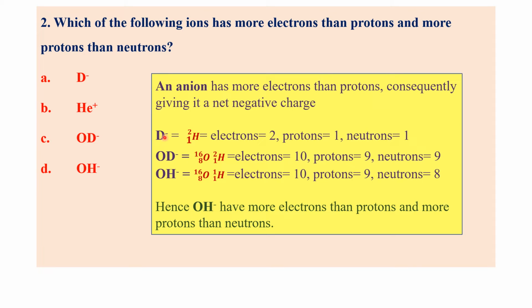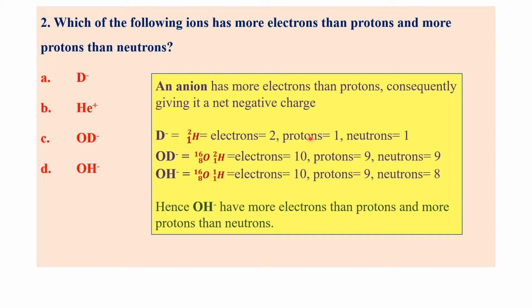Now D-, deuterium is the isotope of hydrogen that has 1 electron, 1 proton and 1 neutron. Here the minus is given, which means we add an extra electron. So the number of electrons is 2, protons 1, and neutrons also 1.